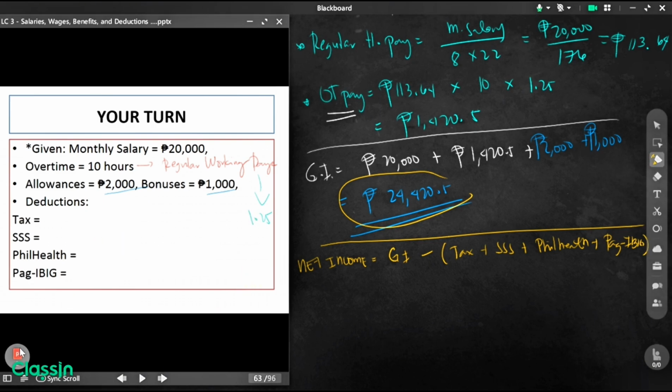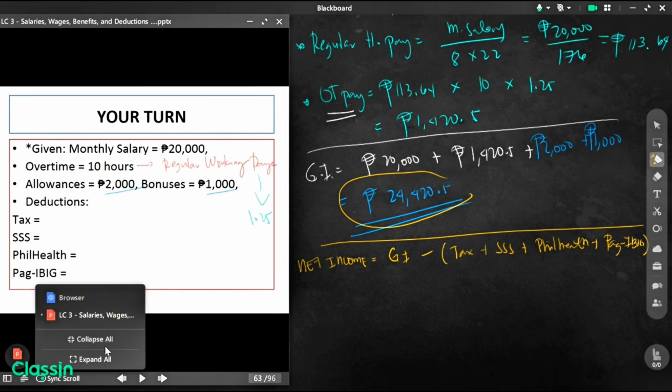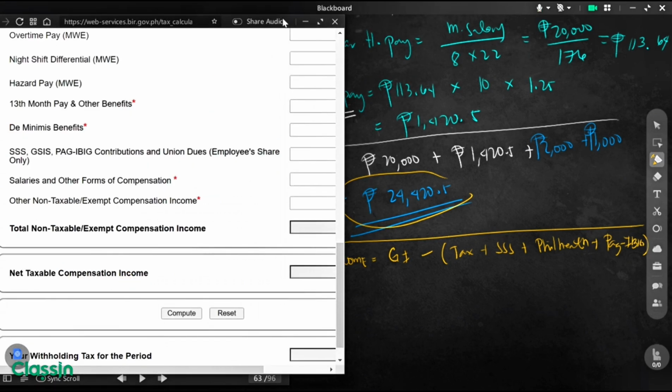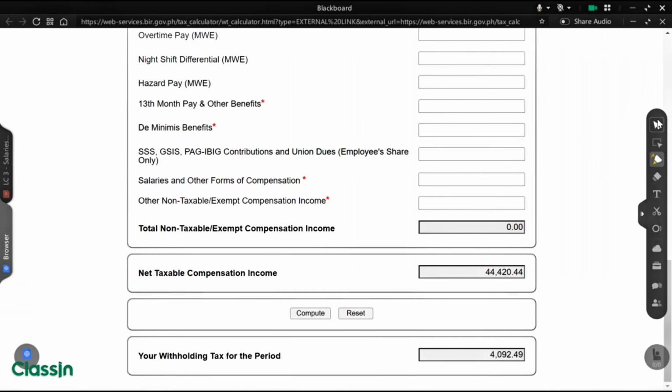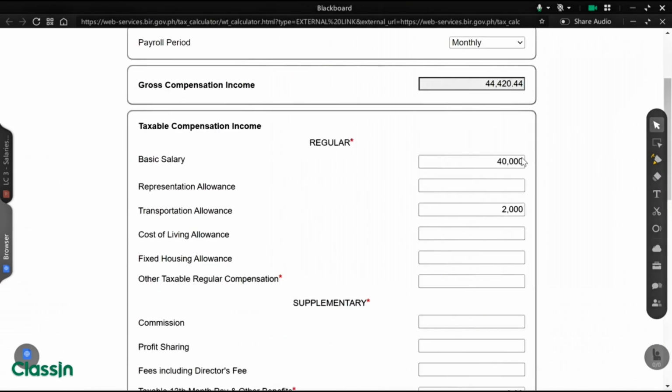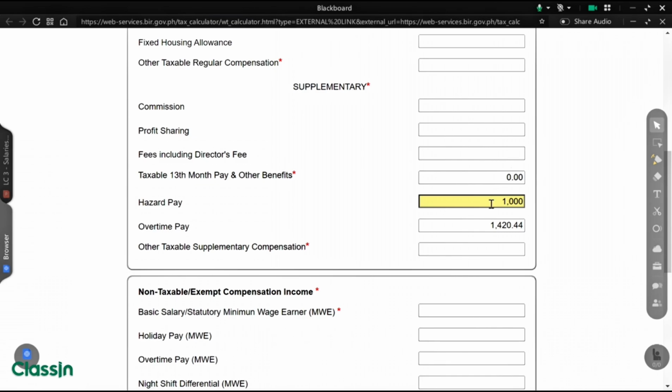Now let's compute the tax first. So again, we have a basic salary of 20,000 pesos. And let's check out the transportation allowance. And the bonus is the 1,000 pesos.